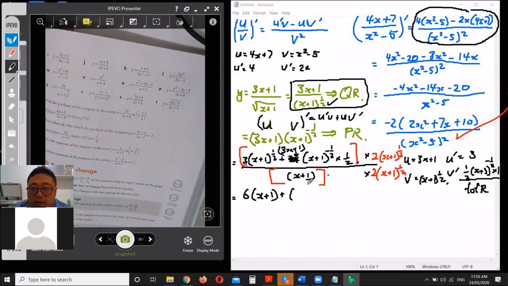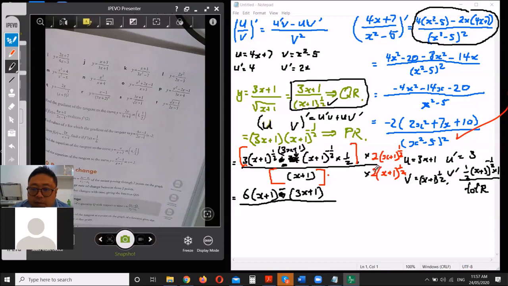So it'll be minus 3x plus 1, and then times x plus 1. No, just times 1, sorry. So it'll be x plus 1 to the power of 0. That's right. And then the half gets cancelled out by the 2.